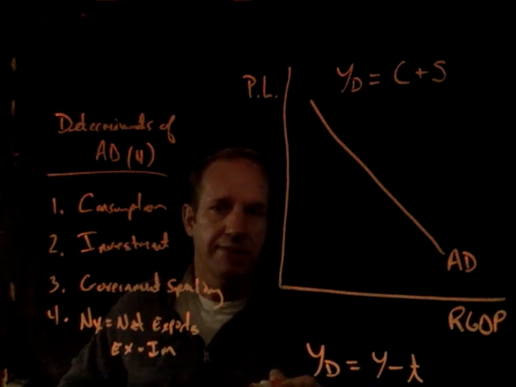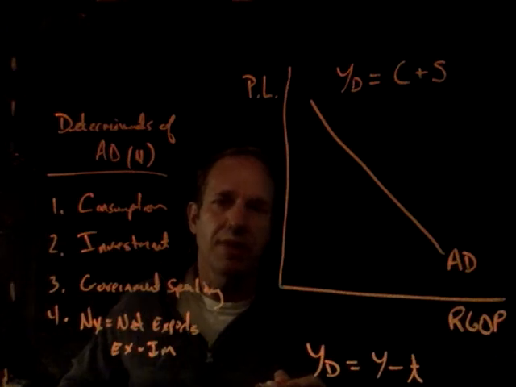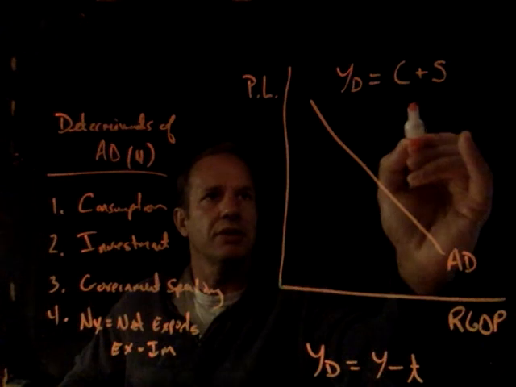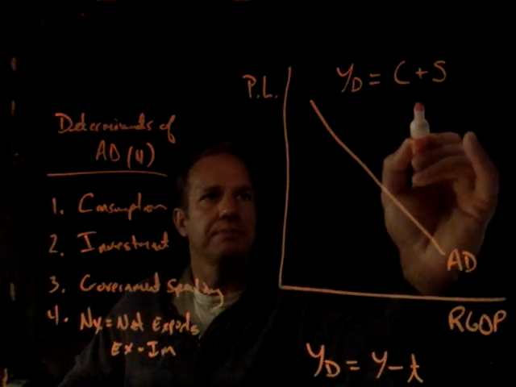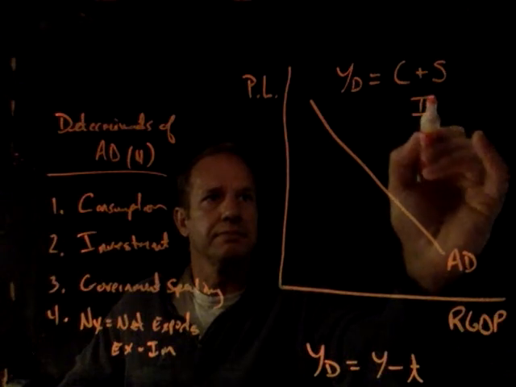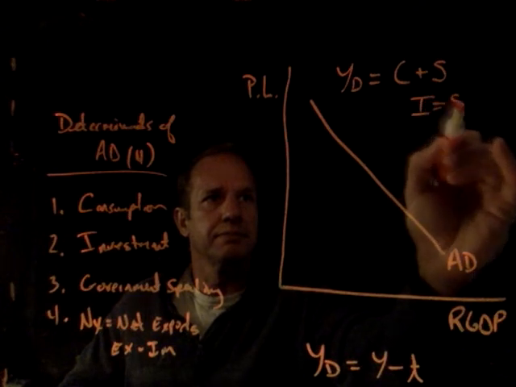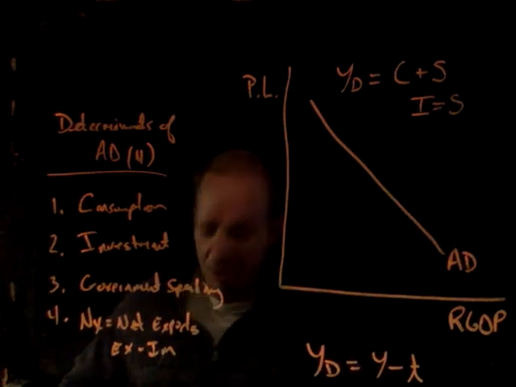That's set it aside. Well, if you think back to our production possibilities curve and our trade-off between consumption goods and capital goods, when we give up consumption goods, we can raise capital goods. You know why? Because investment equals savings.